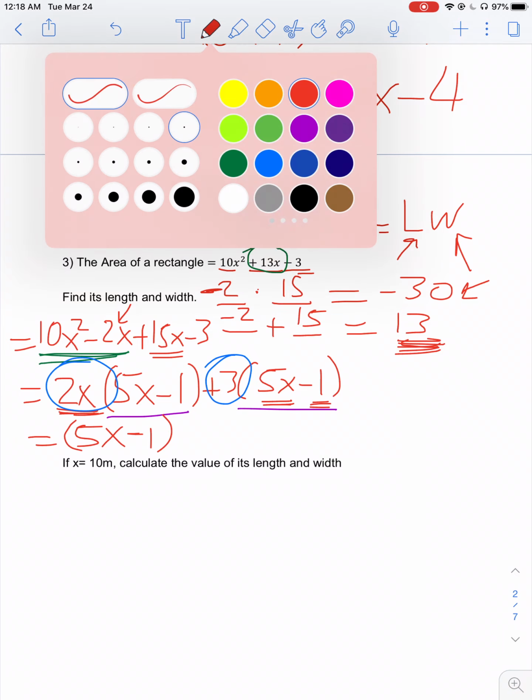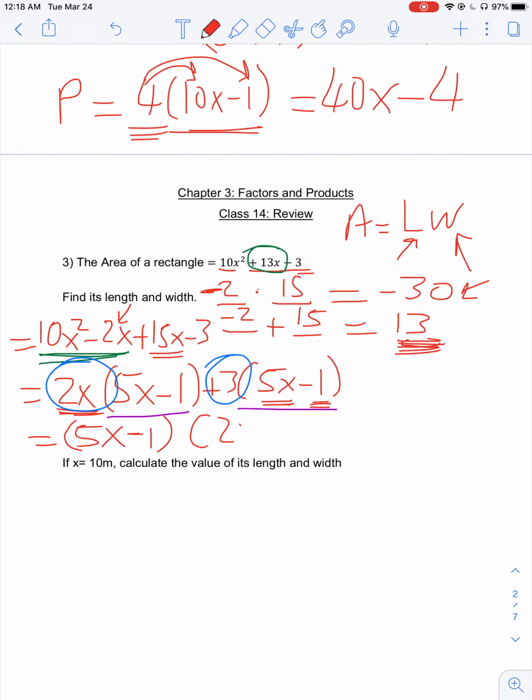So I factored the area of the rectangle into this. It's still the same thing, they're equivalent, but now because I have a product, I can call this the length and I can call this the width. So that is your answer.